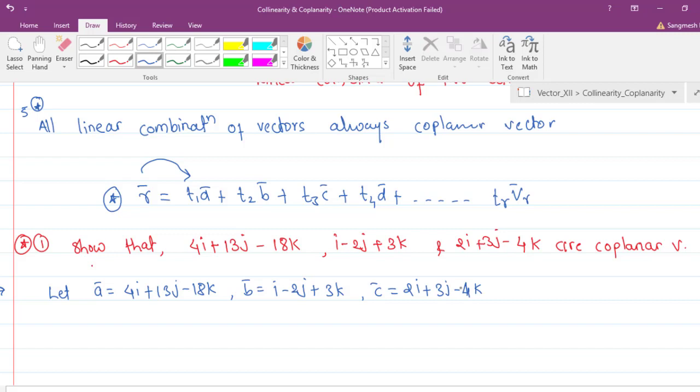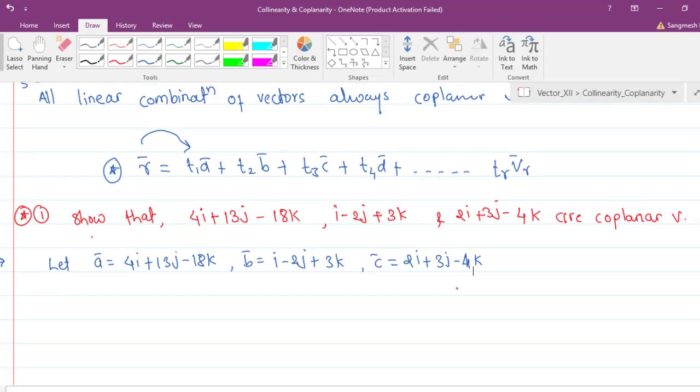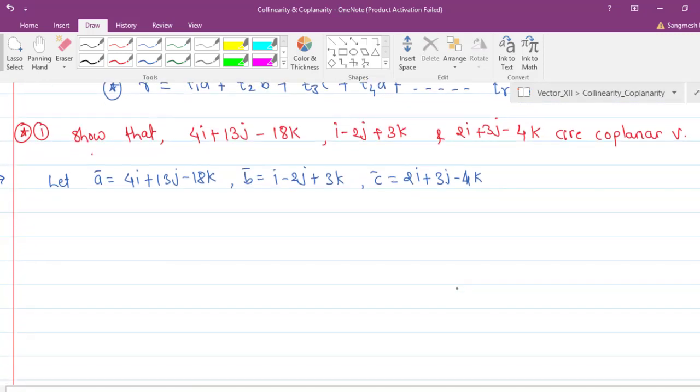Now let's consider that A bar is a linear combination of B bar and C bar. Let A bar equal m B bar plus n C bar, and if we get unique values of m and n, then we say that A bar is the linear combination of B bar and C bar. I am assuming this and trying to get the values of m and n. In just 2 minutes you will understand this concept.